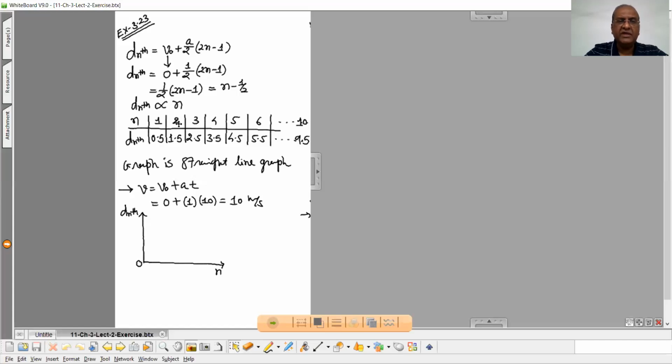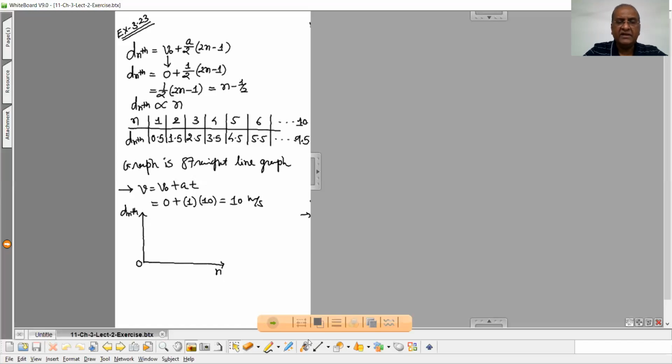When you substitute n equal to 2, so 2 minus 1 by 2, 1.5. Then when you substitute n equal to 3, then 3 minus 1 by 2, 2.5. Like that, you can calculate d nth. Now from this data of n and d nth, you can plot the graph, and the graph will be a straight line like this.